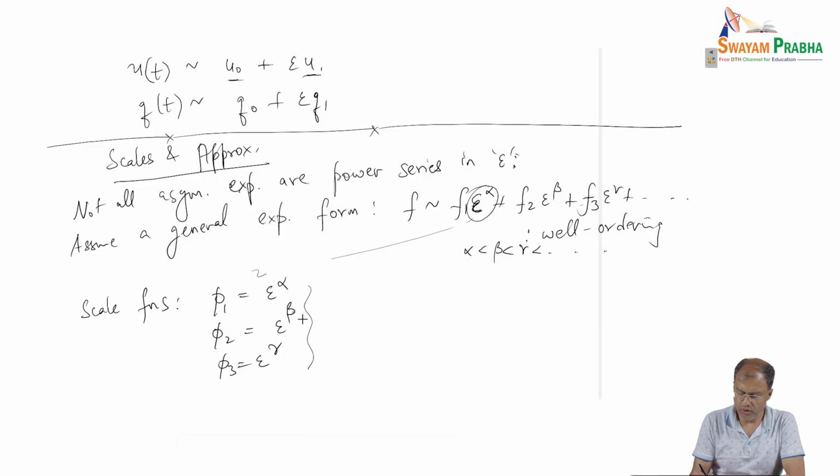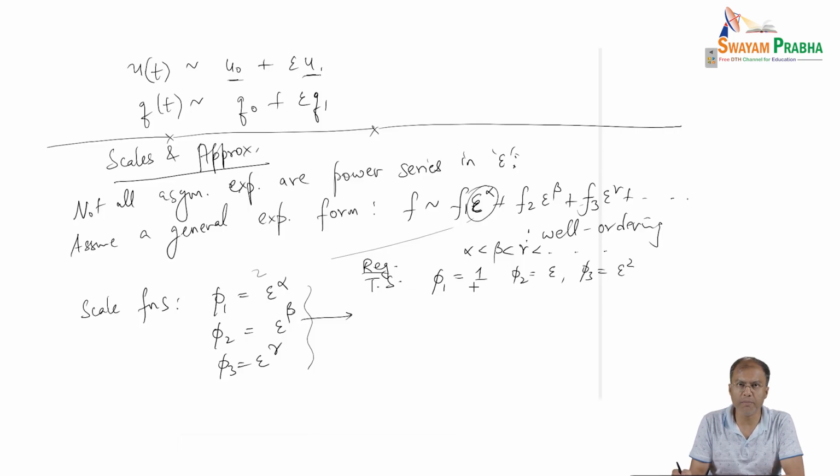And notice that for a regular Taylor series, the phi i's will be as follows. We have phi1 is 1, phi2 is epsilon, and phi3 is epsilon squared. So this was coming from the regular power series.